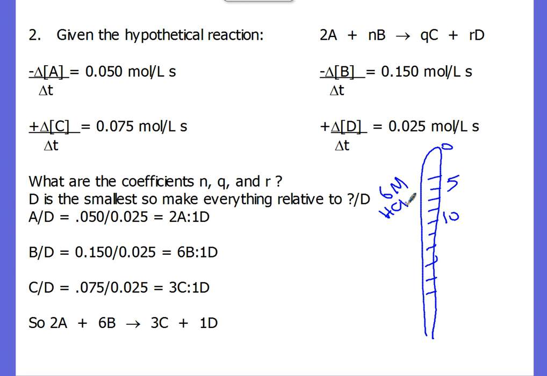All right? 6 molar hydrochloric acid, and it's in a beaker that has some water in it, so the hydrochloric acid can't get out. And then they put a piece of zinc down in here. So you have a piece of zinc, and the zinc and the hydrochloric acid are going to react and make hydrogen gas.